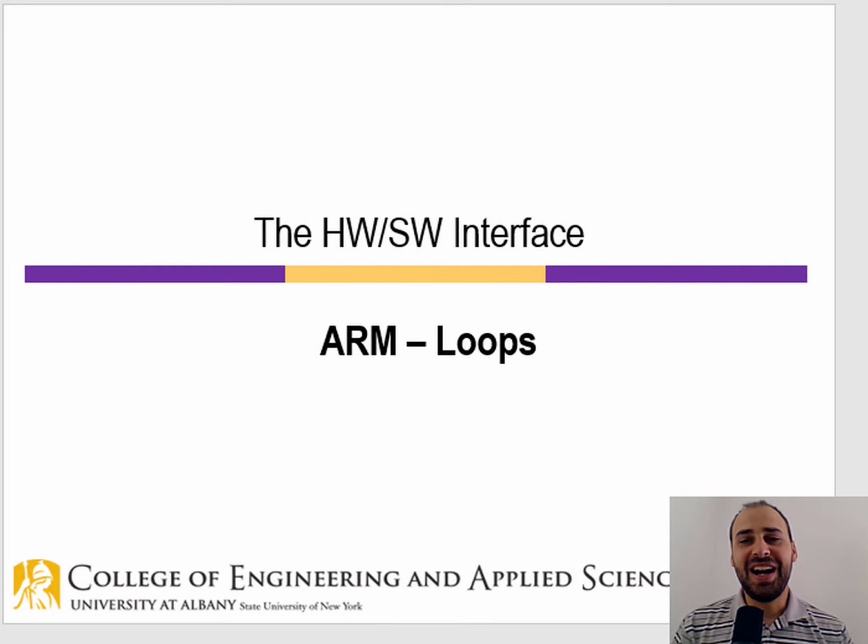So in this video we'll build upon what we were looking at prior, and we're going to pretend like we're compiling some C code, and look at what the reasonable assembly language would be from that compilation process. We're going to focus on loops, while loops and for loops in particular.